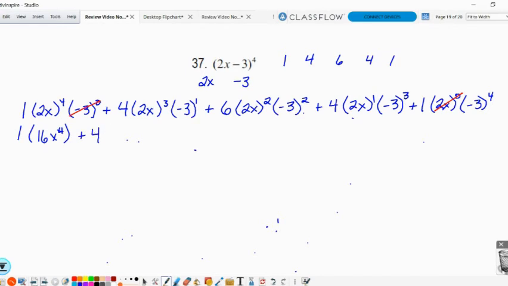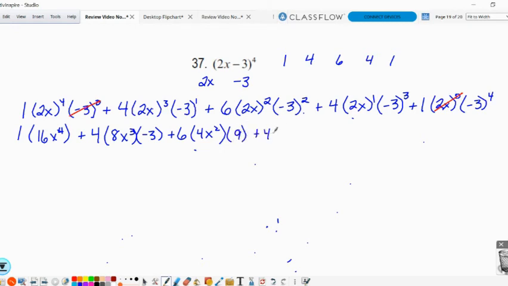Plus, there's our coefficient of 4. 2x cubed would give us 8x cubed, and then we're still going to multiply by negative 3. Plus 6, 2x squared would give us 4x squared. And then we're going to square negative 3, which is 9.